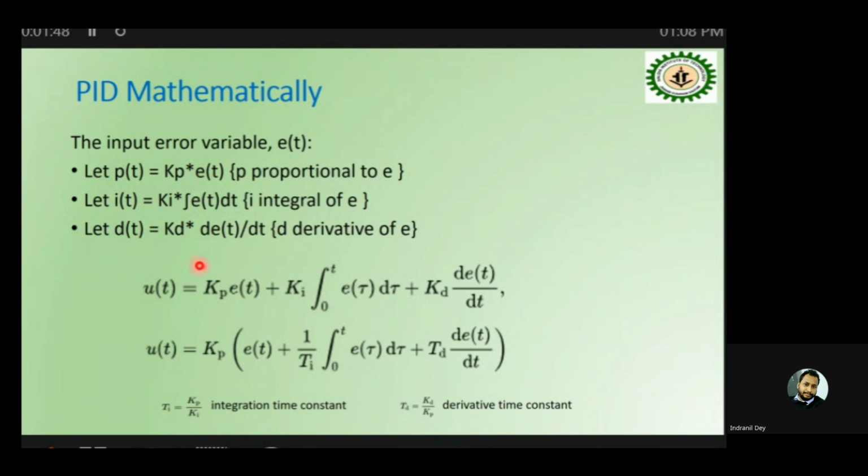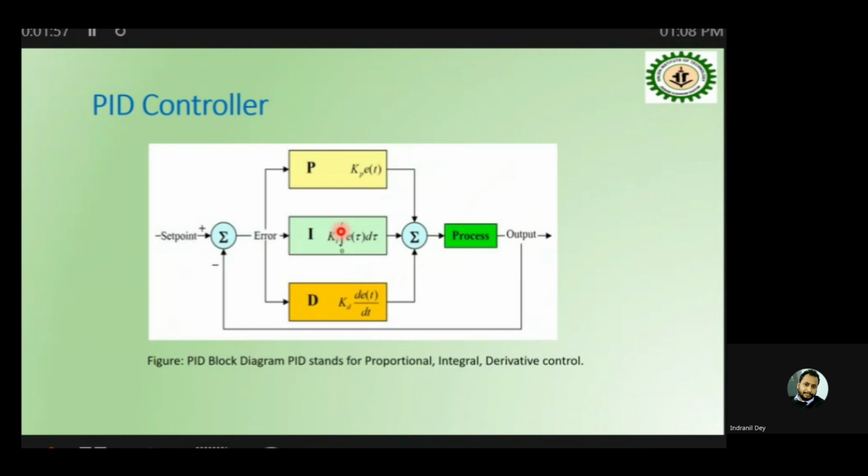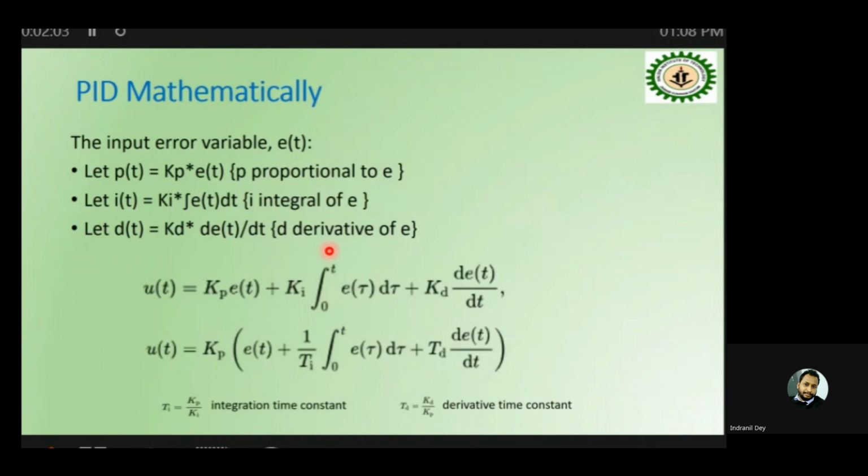So finally, if we take all three parameters as a combination, the final output from the controller, like P, I and D, will be the summation of all three actions. So what is the summation of all three actions? It is basically Kp e(t) plus Ki integration 0 to t of e(t) dt plus Kd times the derivative. So finally, it will come as u(t) = Kp × e(t) + 1/Ti integration 0 to t of e(t) dt + Td times the derivative of error with respect to time.